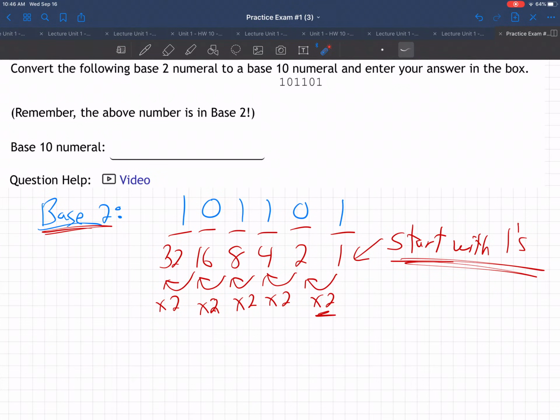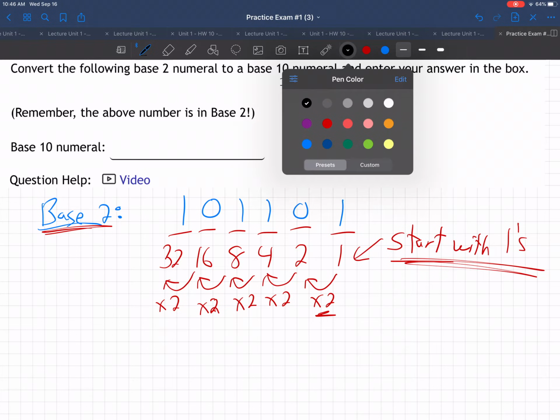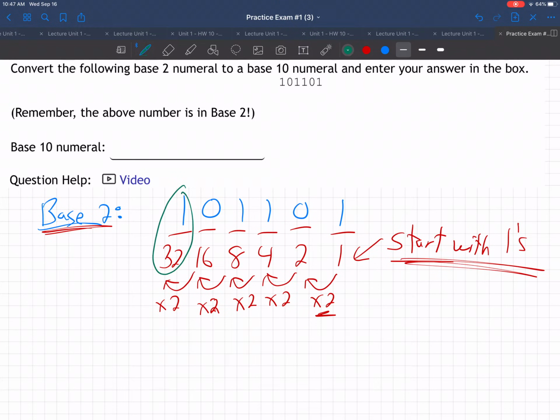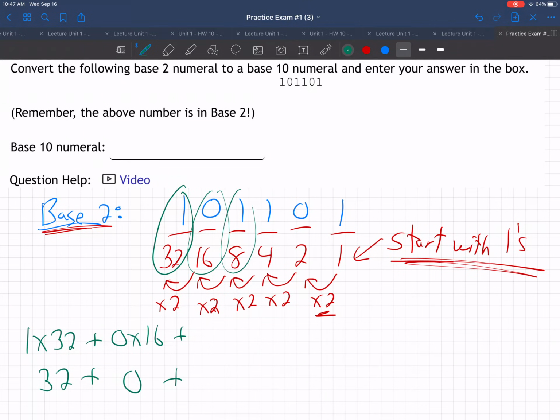Okay, so how does that work? How do we find out what this actual number is? We multiply 1 times 32, which is just 32, plus 0 times 16, which is 0, plus 1 times 8, because it's 1 in the 8's place, which is just 8.